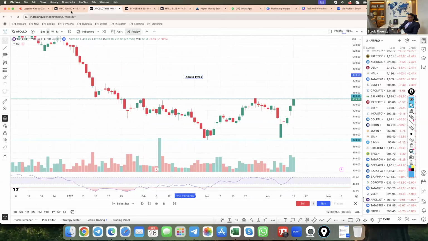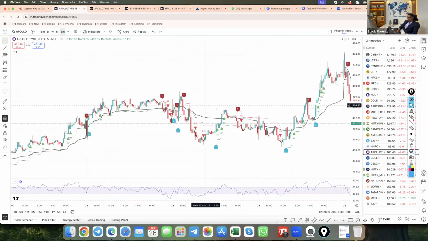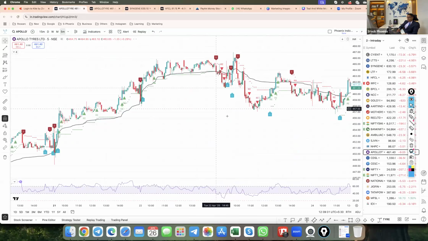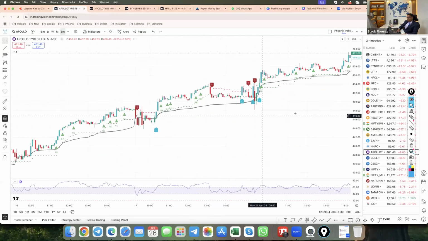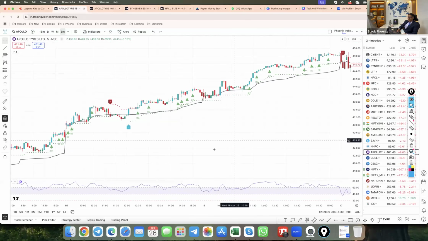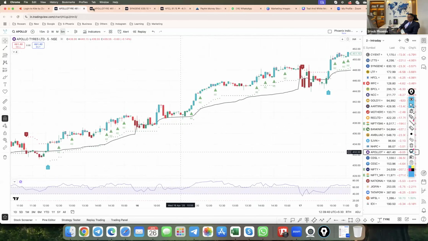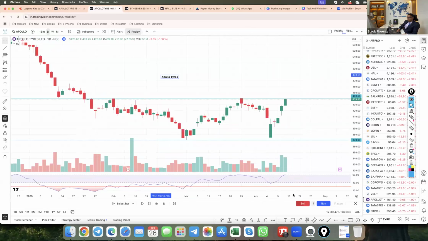On 16th of April, let me open Apollo Tyres. This is the chart for 16th of April. Let me make it single day running, not multi-day running.